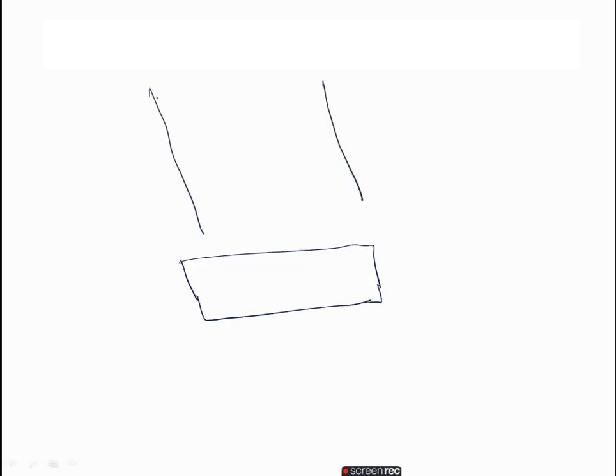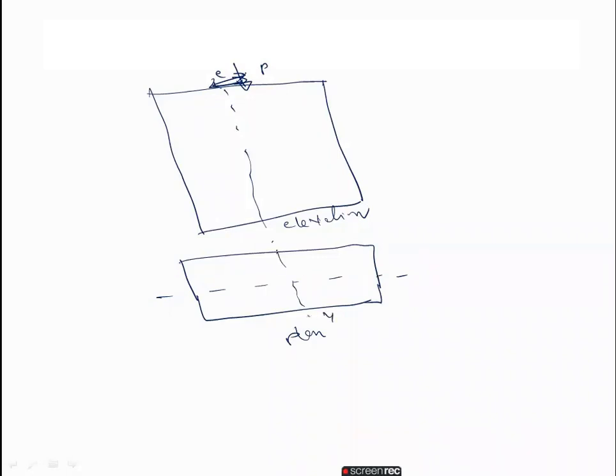Suppose, first I will draw a plan. This is the plan and this is the elevation of the column. When the load P is acting at this section, at eccentricity E, this distance is E. This is the elevation, this is the plan, and this is the x-axis and also the y-axis.